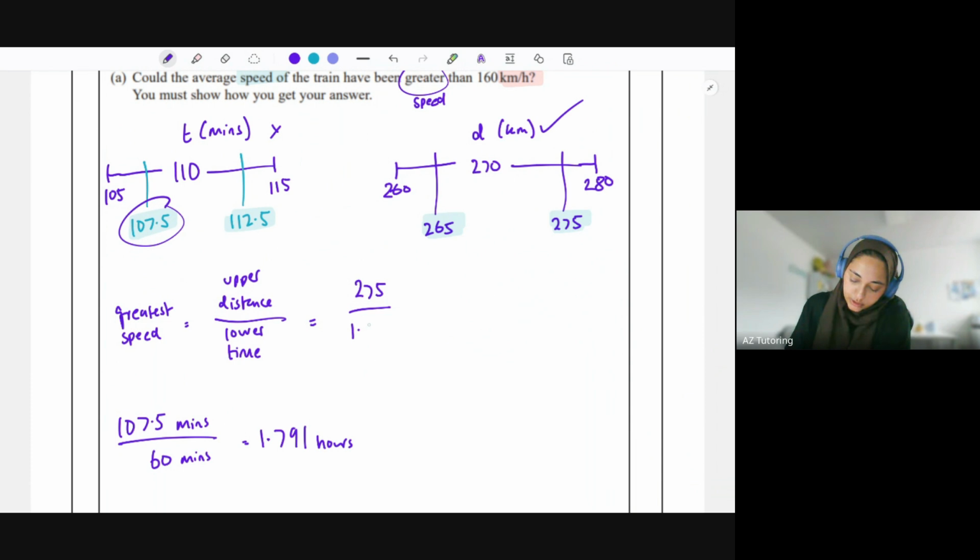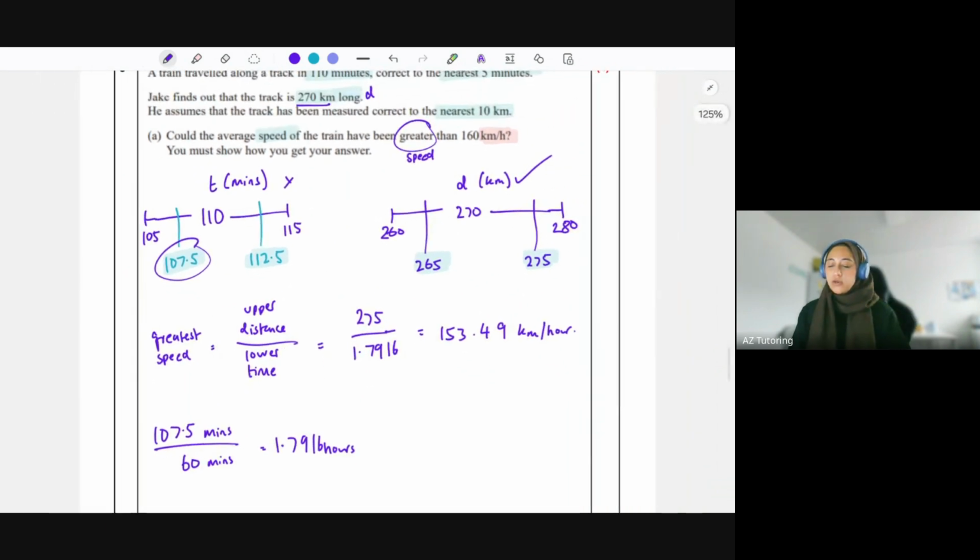I'm going to put 6 there as well, actually, just to keep it a bit more accurate. Okay. So we've converted the time to hours. So putting that in the calculator, we get 275 divided by that, we get 153.49, correct to 2 decimal places, kilometers per hour.